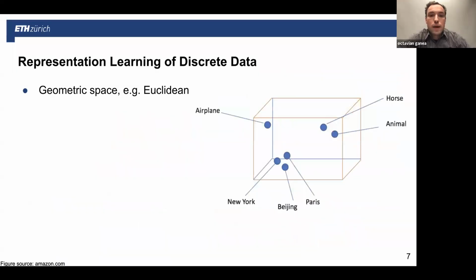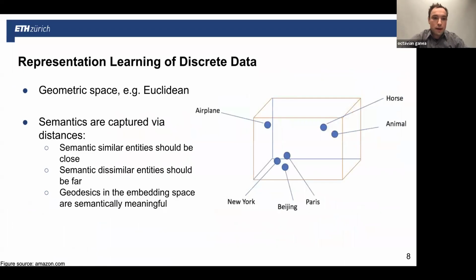Okay, so the typical workhorse for embeddings is to use Euclidean geometry. In general, we want to embed data in a geometric space, right? And Euclidean space is the simplest one. We have 3 goals in mind when we do that, maybe implicitly or explicitly.